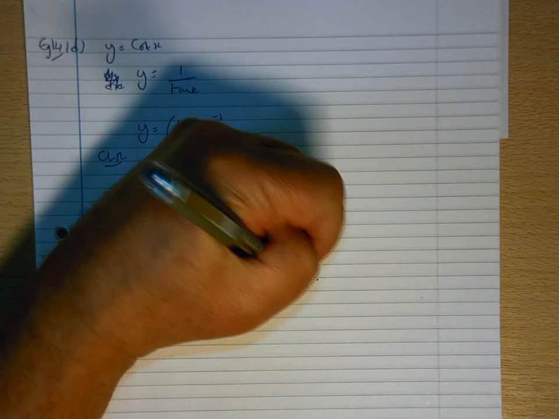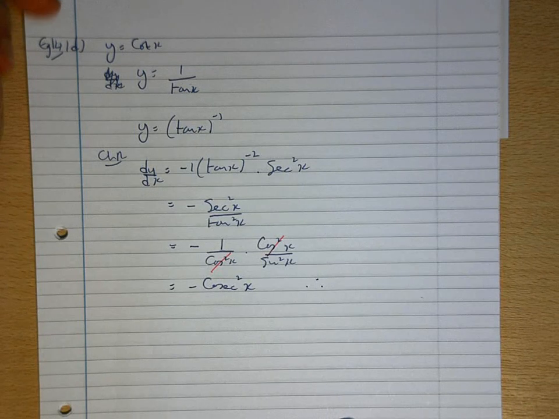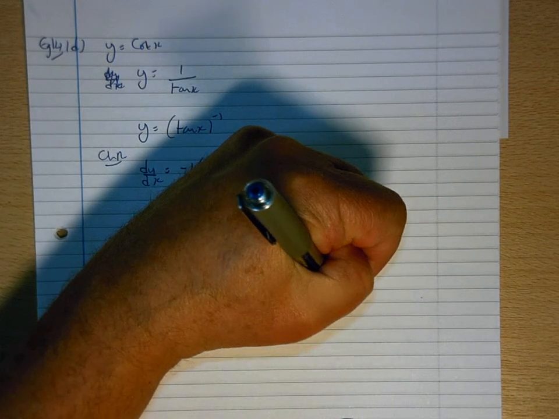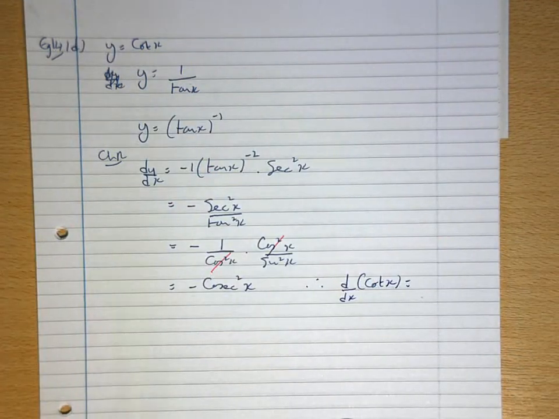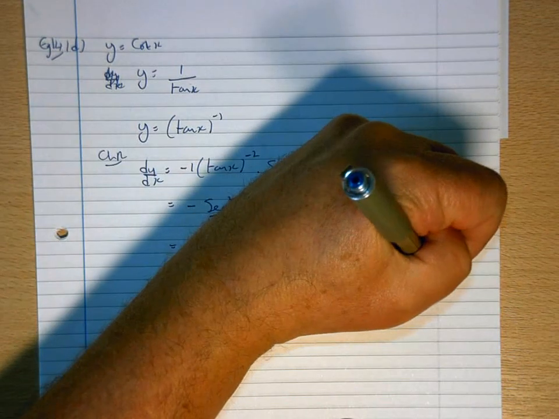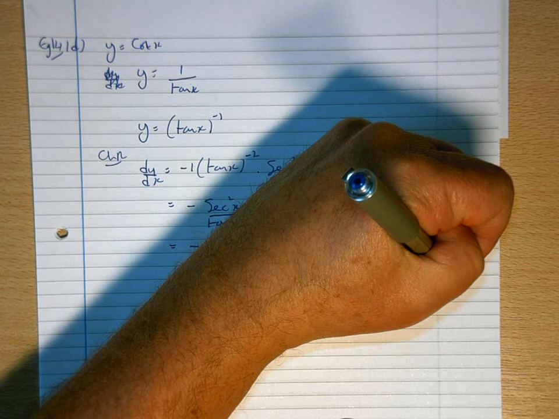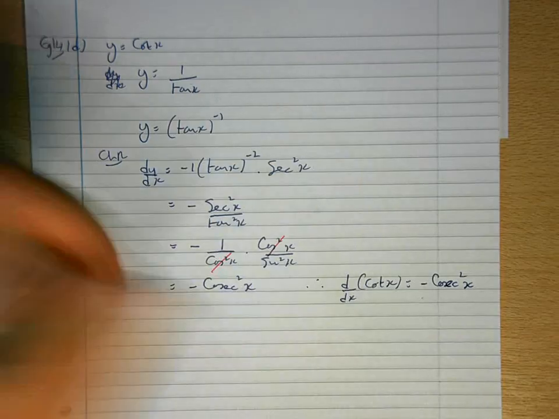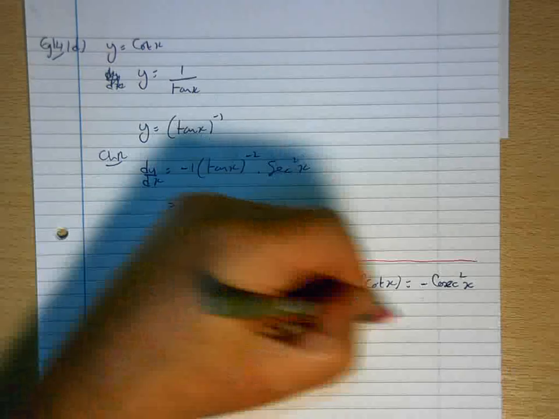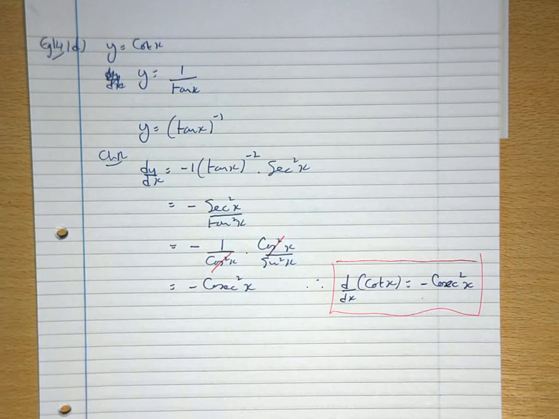So therefore, when you differentiate cot, you get minus cosec squared. And that's another one that you're given, so you can just write it straight down.